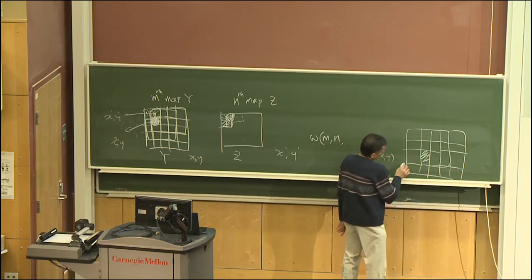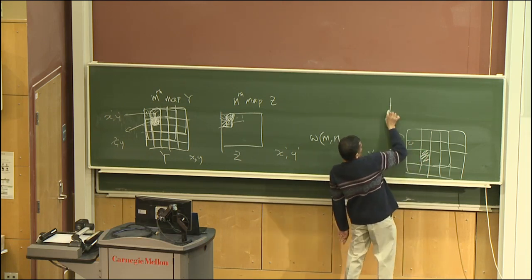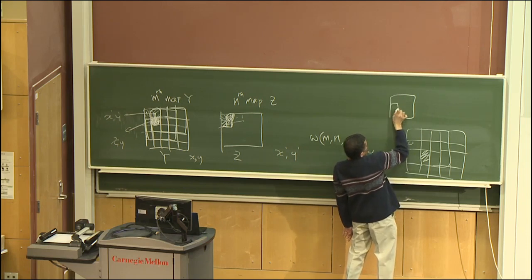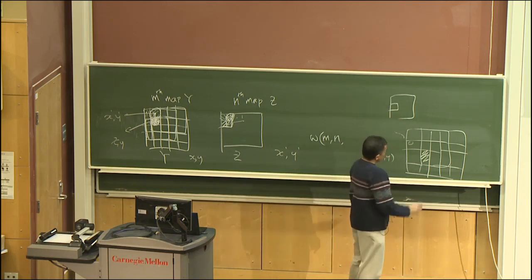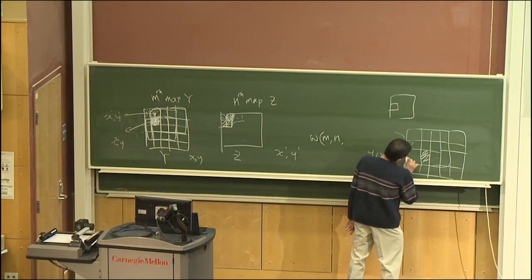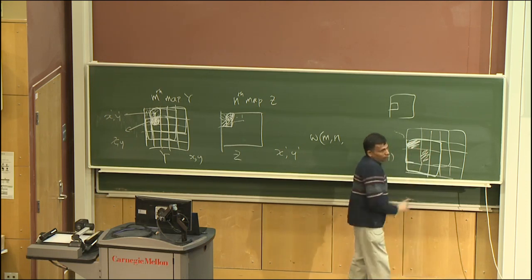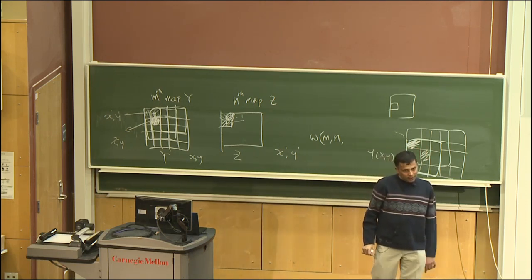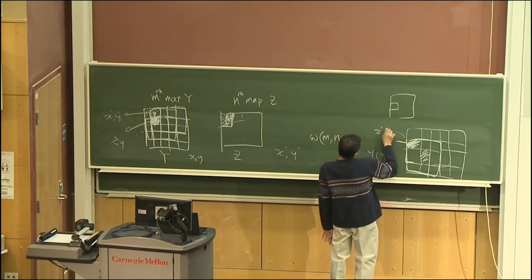And I want to figure out how this y influences the z at this location. Because I'm going to have a corresponding z, and I want to see how this y influences the z at this location. To do so, I must place the filter with this z as the top left corner, correct? So this index is x prime y prime.